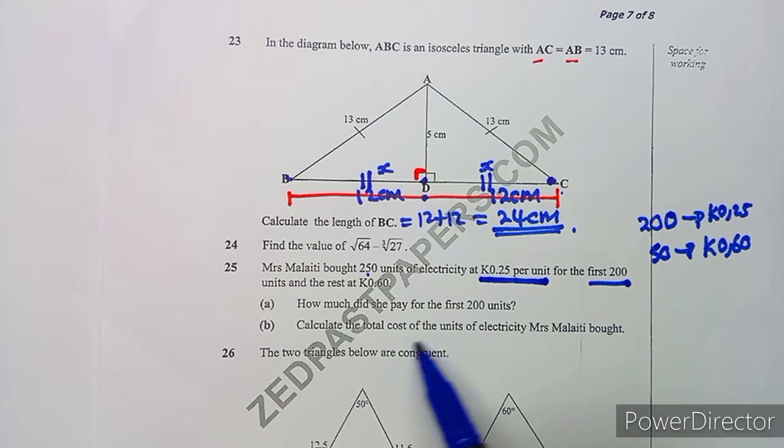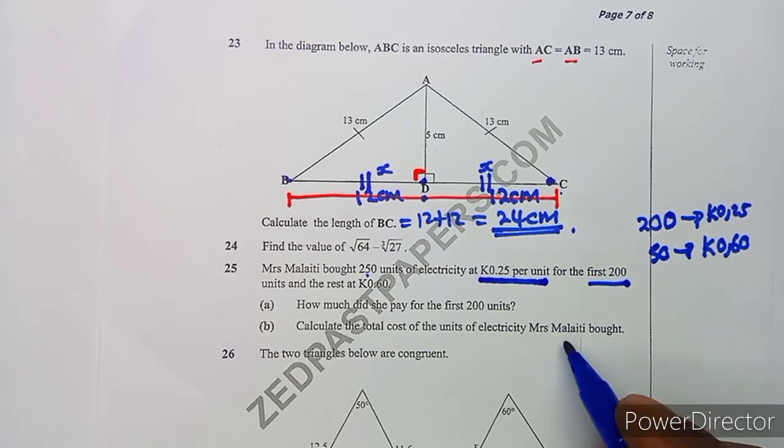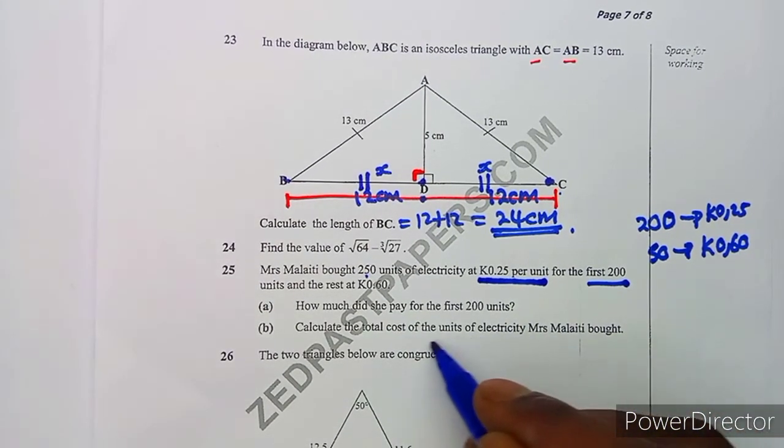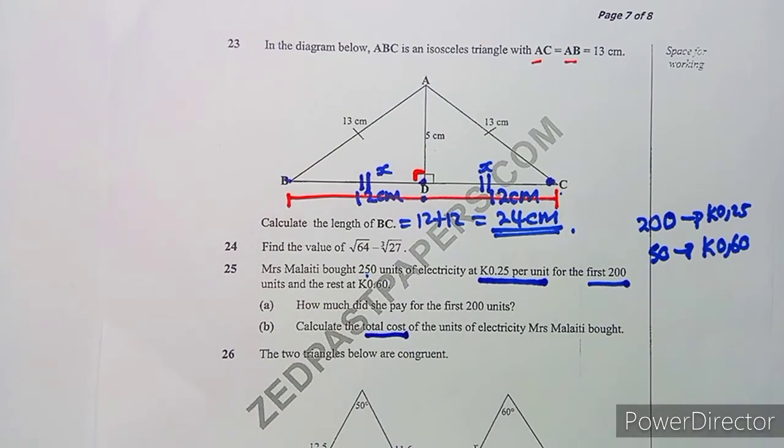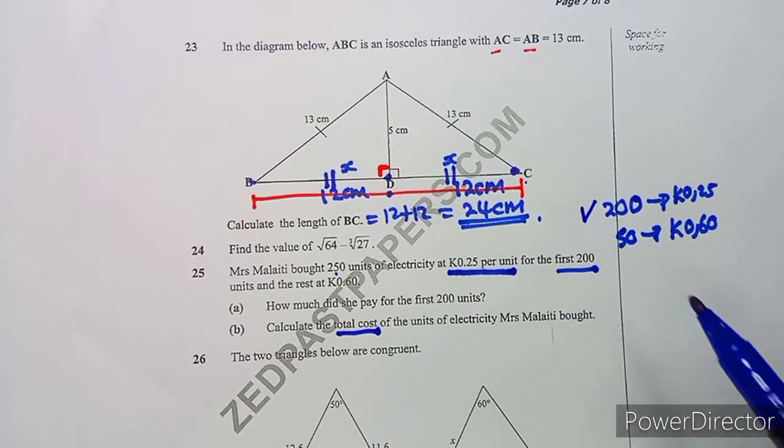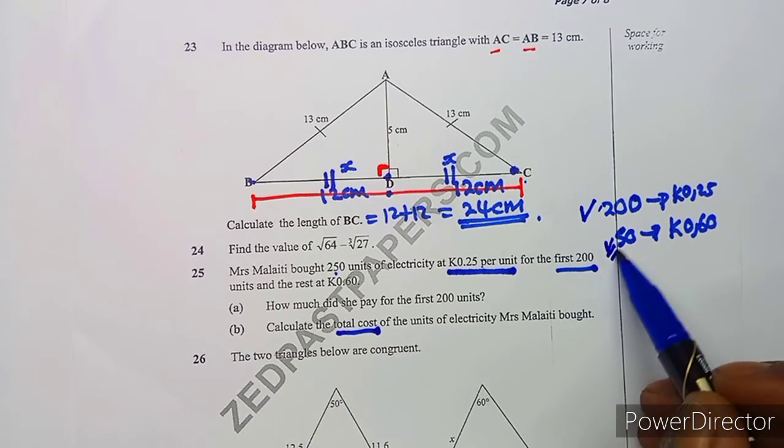Then on number B, calculate the total cost of units of electricity Mrs. Malayeti bought. What is then the total cost? The total cost is for the first 200 and for the remaining 50 units.